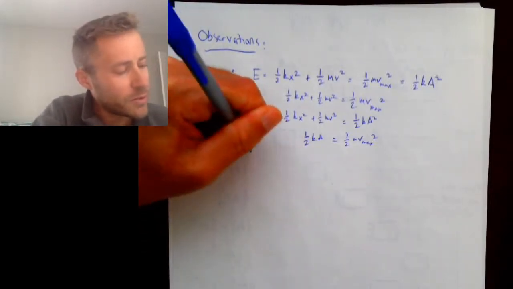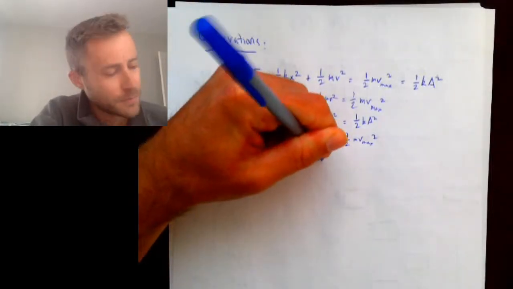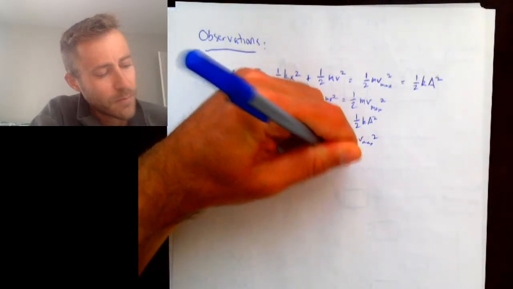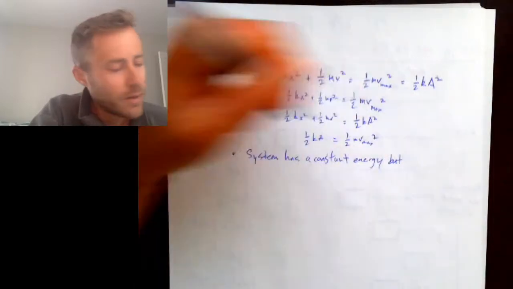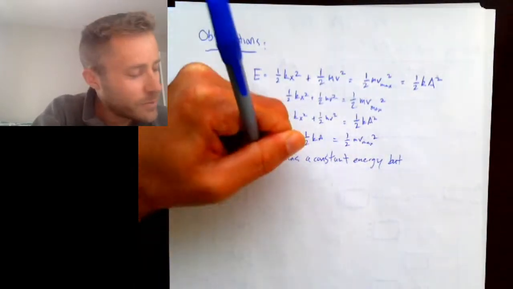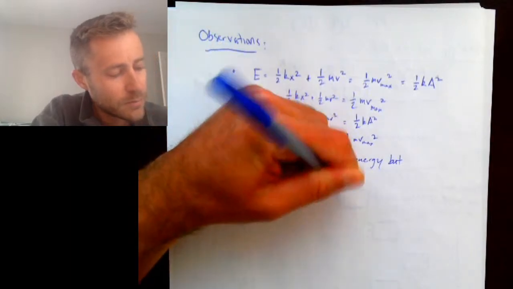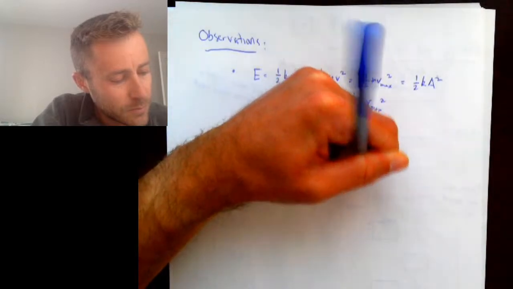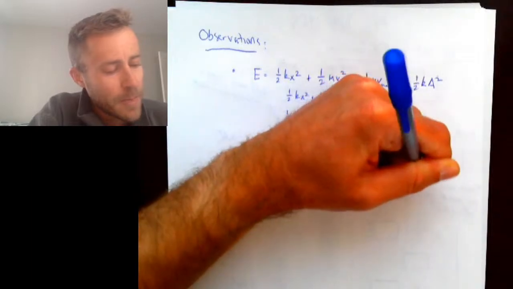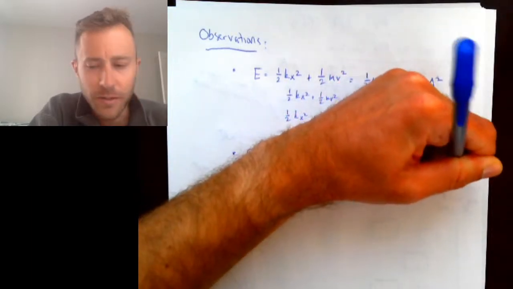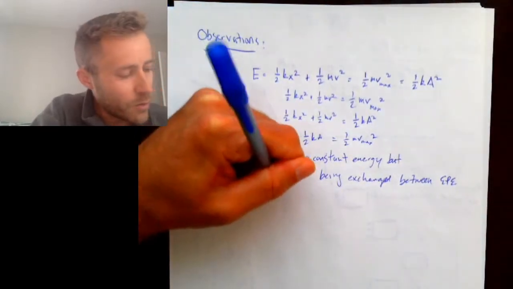All right. So the second observation is that the system has a constant energy, but the energy is being exchanged between elastic potential energy and kinetic over and over again.